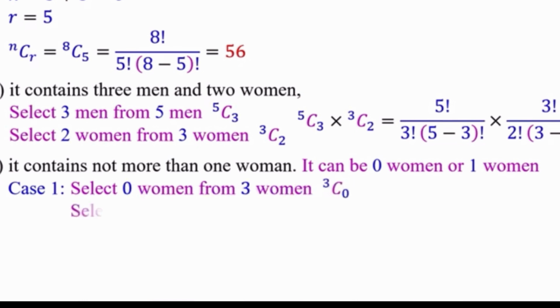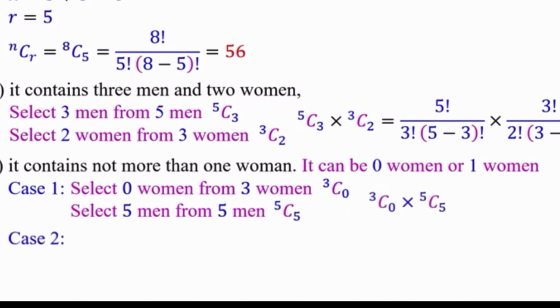The committee has 5 persons with 0 women, so all 5 men are in that committee. So it's 3C0 times 5C5. So we have the answer for case 1.